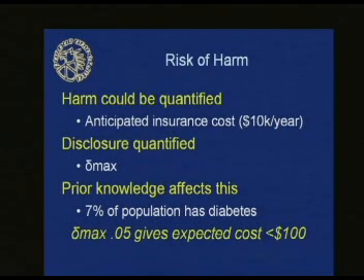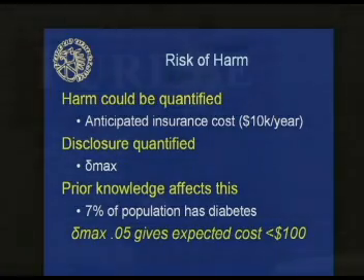That's very close to noise in these things, much less than the commissions on insurance policies. So if we start thinking about the potential for harm and the prior knowledge, it really can affect things.